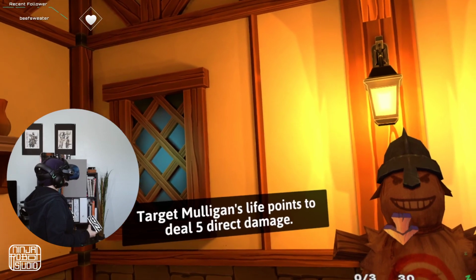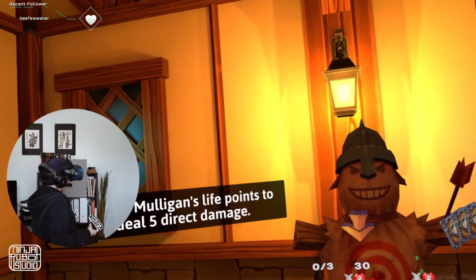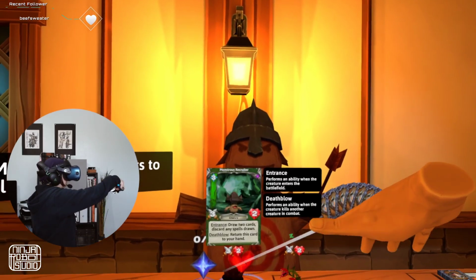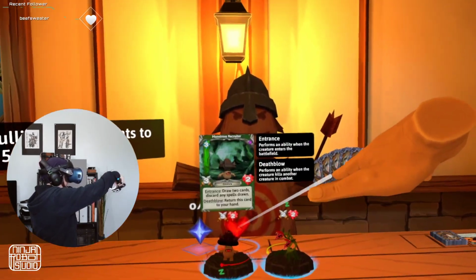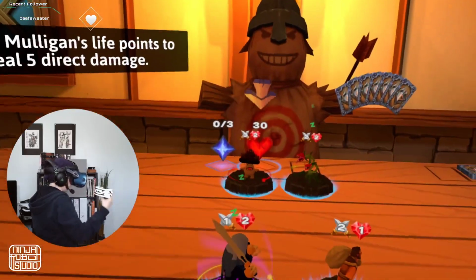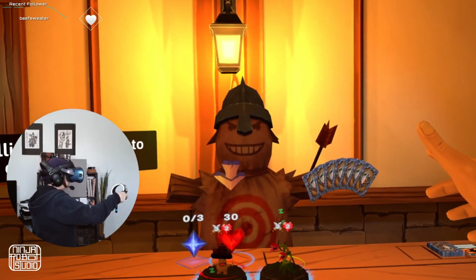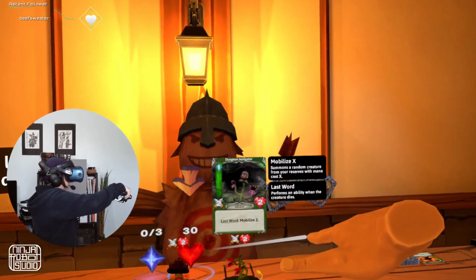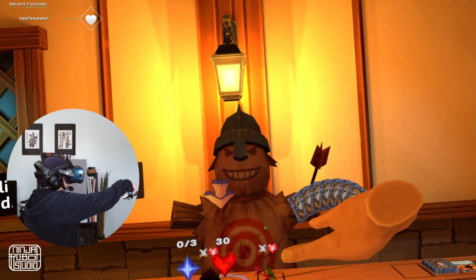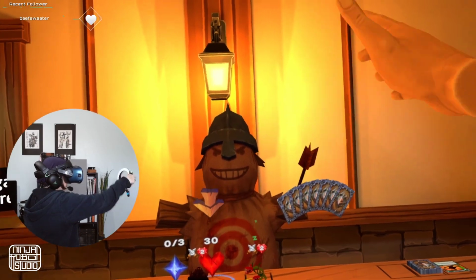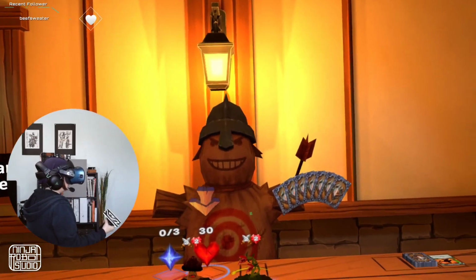So now I need to target Mulligan's life points to deal 5 direct damage, and I have to be careful to not target myself. I forgot how to do that. I'm assuming I point at it and pull the trigger, but since we have these two things in the way, I'm having a hard time pointing at Mulligan.